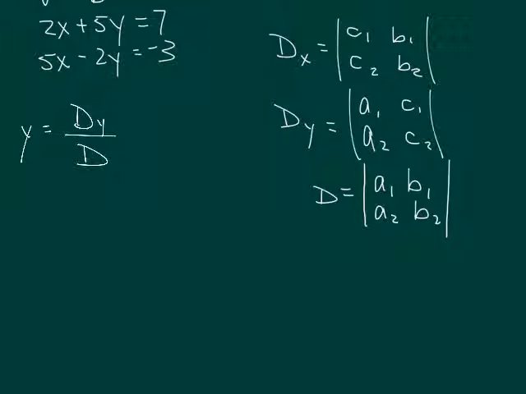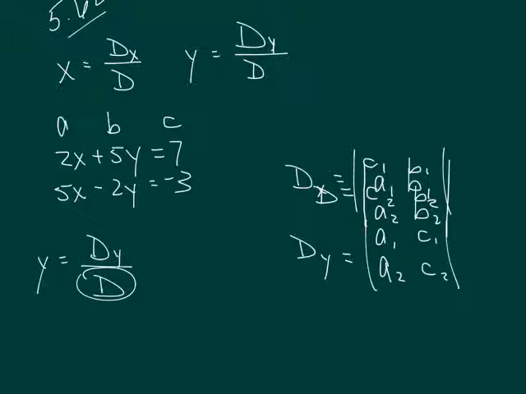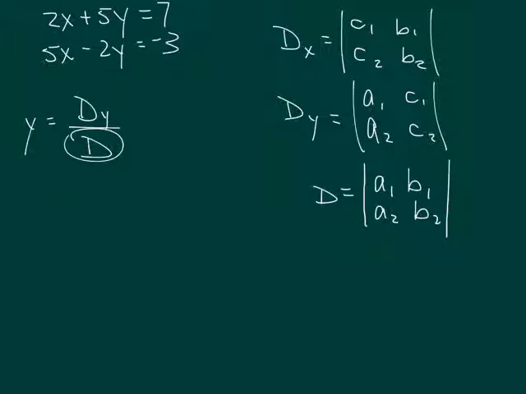Now remember, we already found d when we were finding the x, because the formula up here is d of x over d, d of y over d. Our d in the last one was 29, so we don't even have to find it for this one. We know this is 29. So let's put that on there. All we have to do is find d of y.